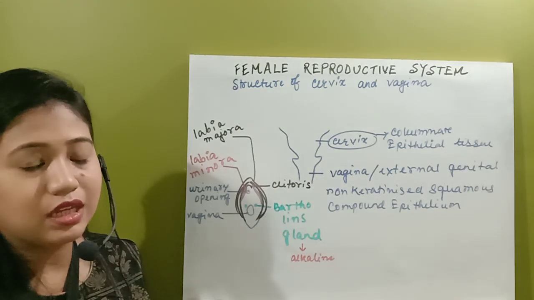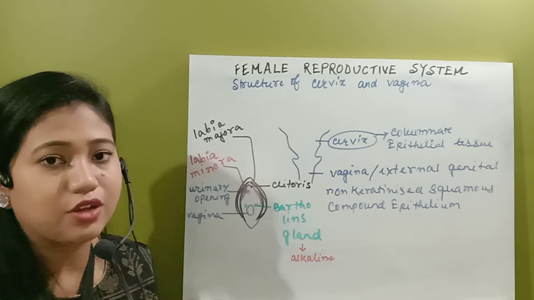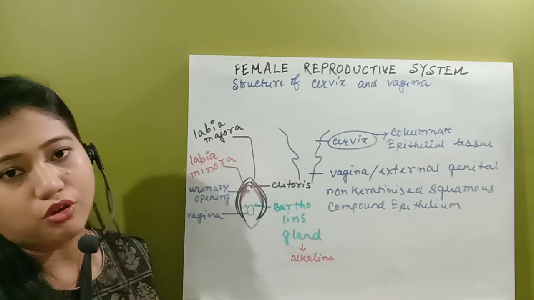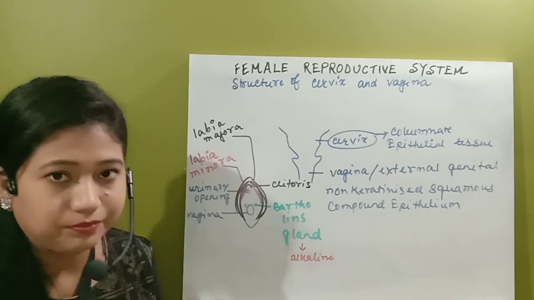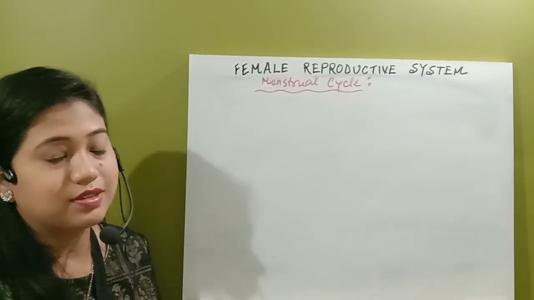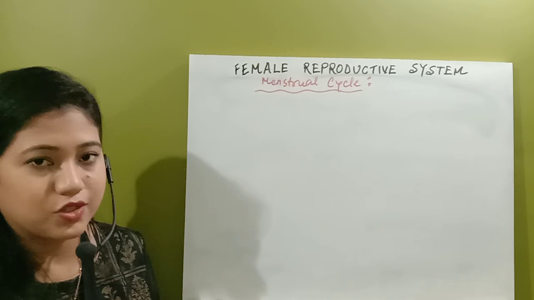We'll now see the process of the menstrual cycle that occurs in the female reproductive system cyclically. Now let us see the whole process of the menstrual cycle.